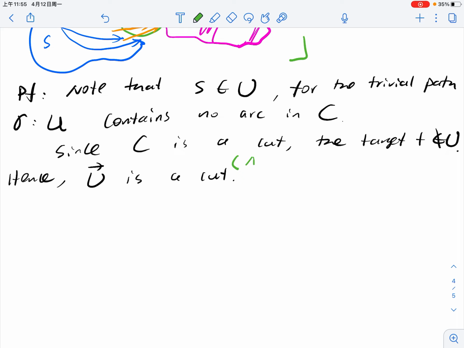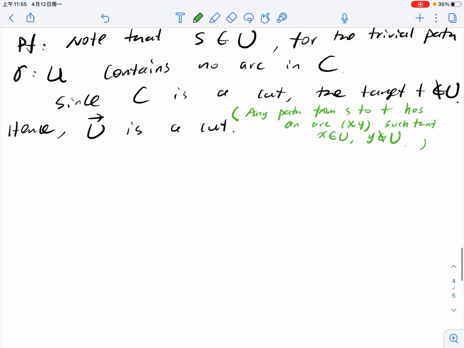Because any path from S to T has an arc x, y, such that x is in U, but y is outside U. This is due to the fact that T is outside U. Okay, so you can always have one arc satisfying this, then this arc is in U right arrow.